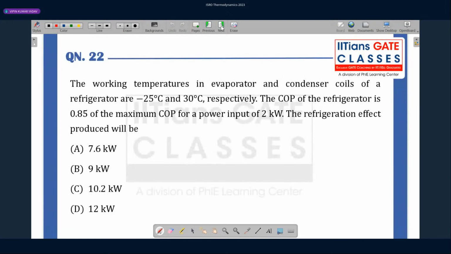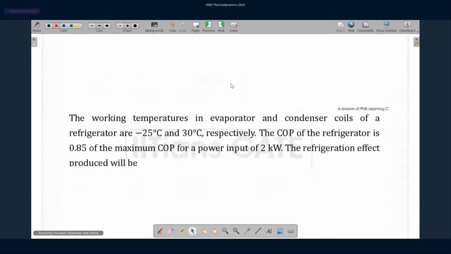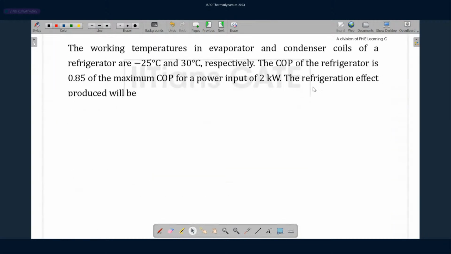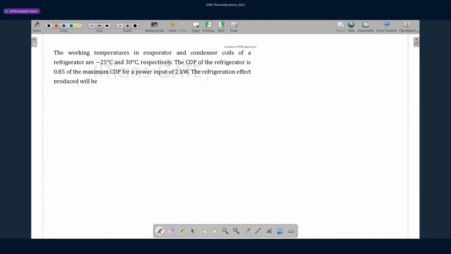Now the working temperatures in the evaporator and condenser coils of a refrigerator are minus 25 and 30. So what is the question saying? We have a refrigerator, so let us draw a refrigerator.